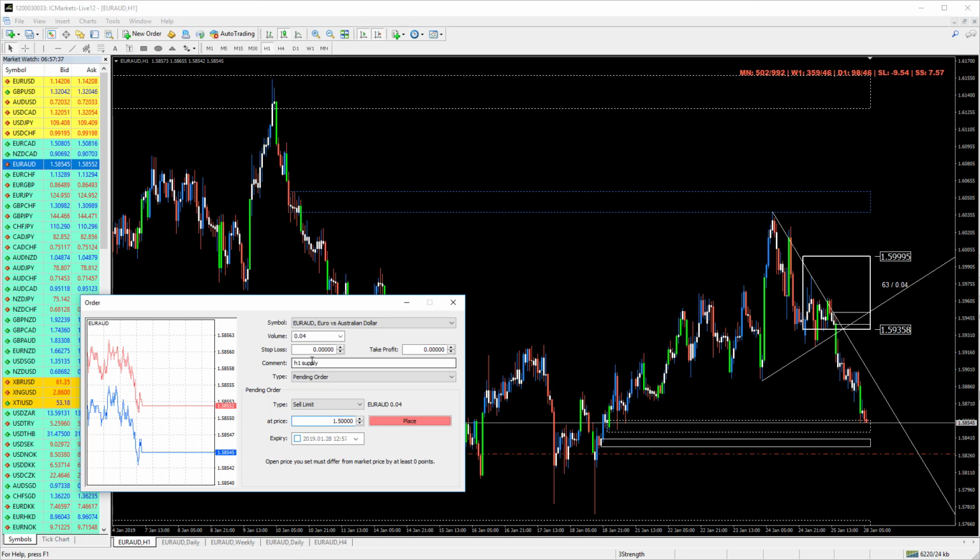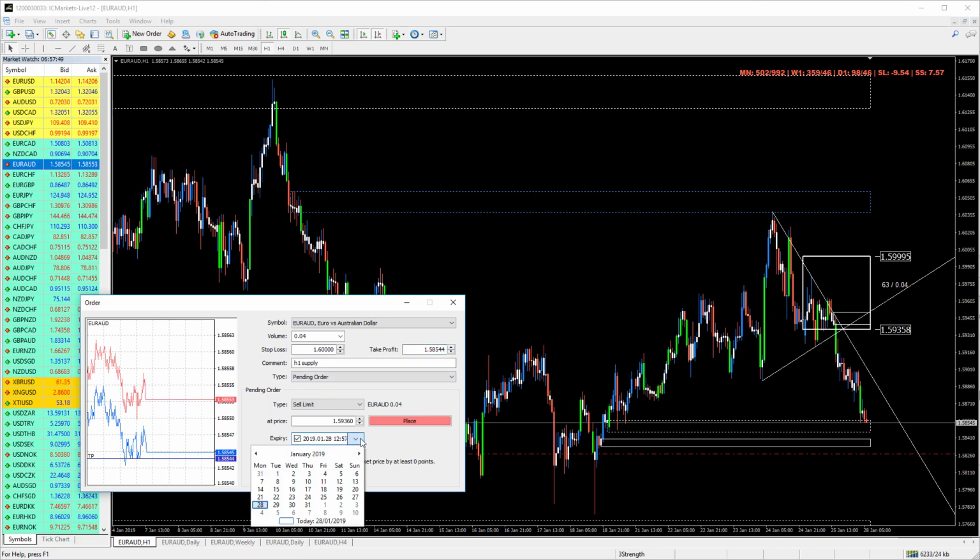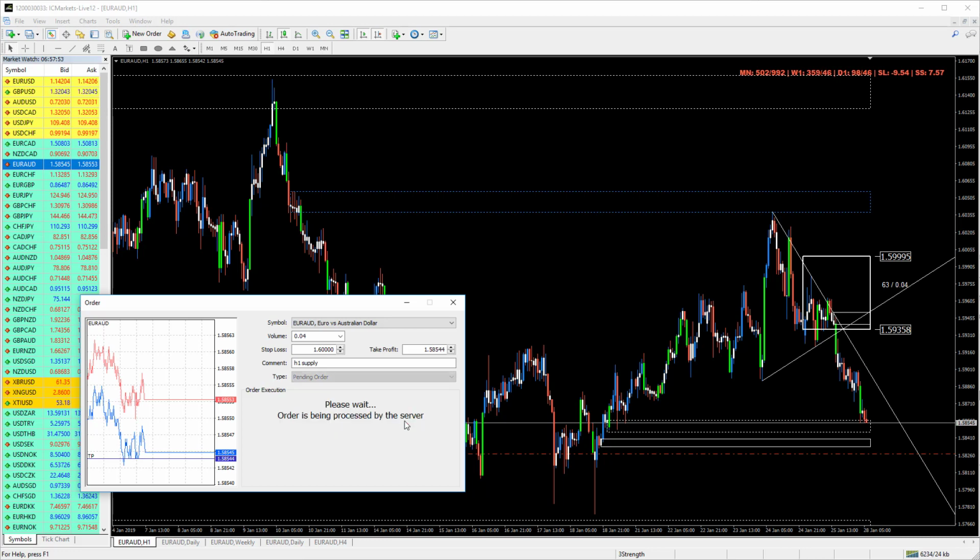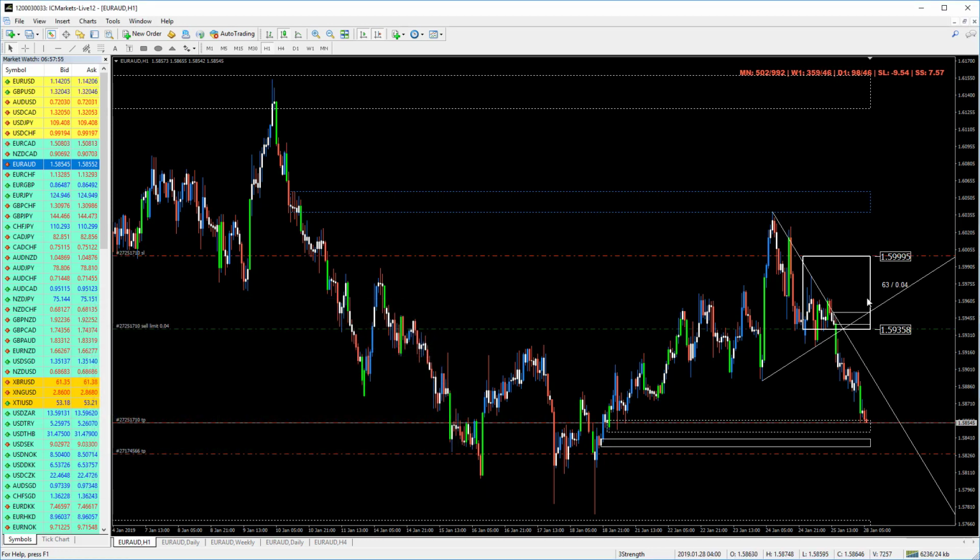Entry at 159.36. The stop will be 160.16. The target will be something like that. We'll set it to expire in a few days, Thursday. Place. So now we're going to sell here once price comes up into this kind of messy area.